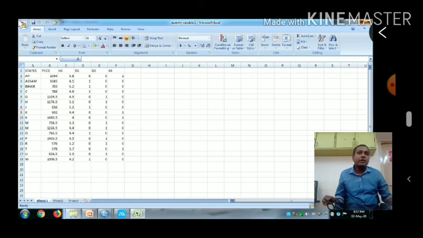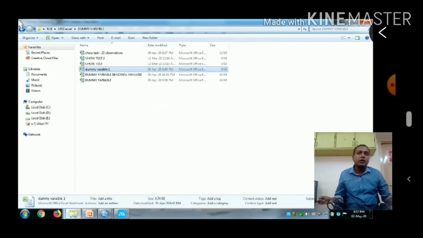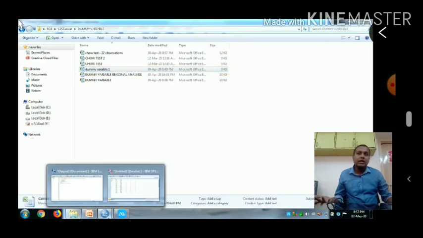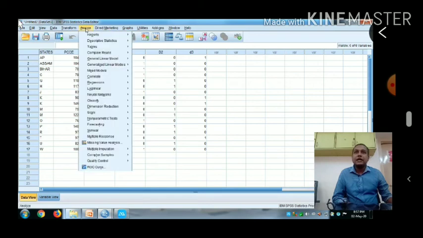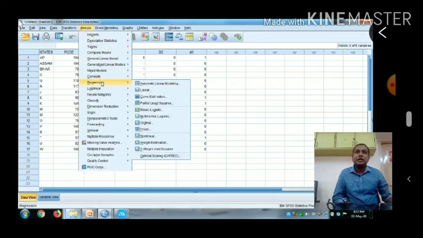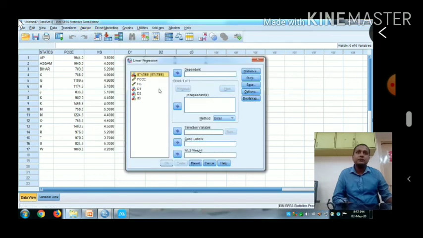As I said, when you run this in SPSS, sometimes you may not be able to run the regression, or sometimes a result will come which will not be the same as what you got with the previous dummies, that means with the previous basic rule m minus 1. Now let us see the result of the regression. Regression, linear.